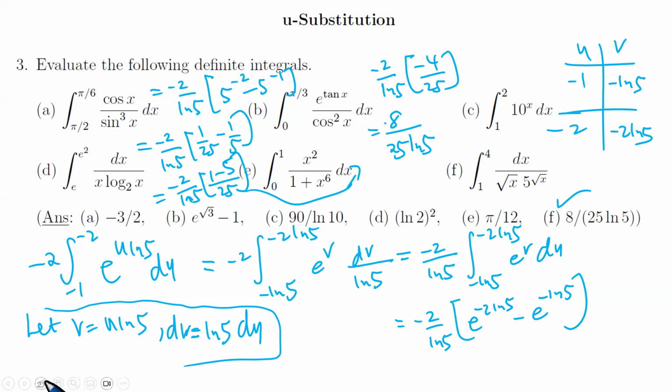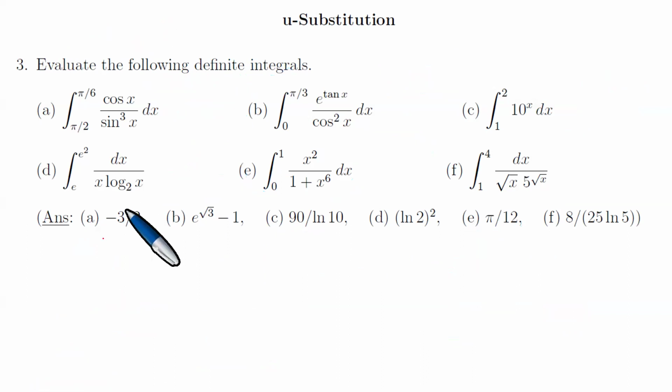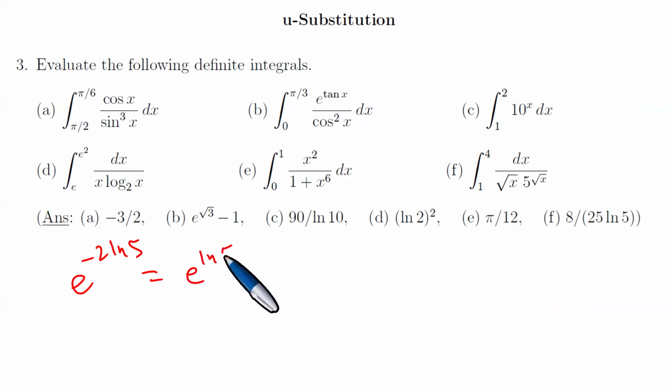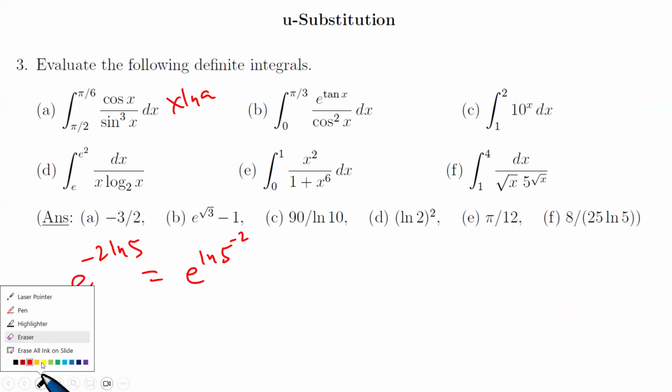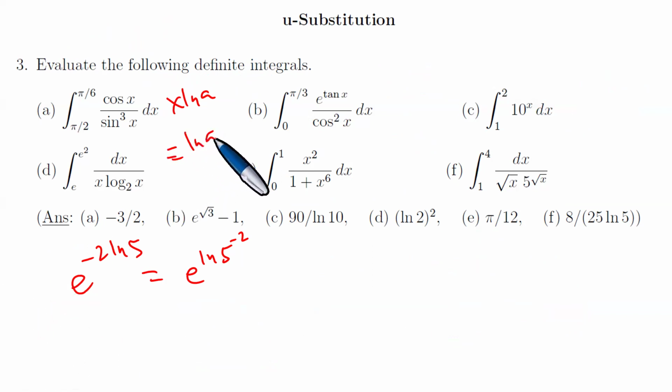That is because e to the power minus 2 ln 5 is e to the ln of 5 to the minus 2, using the property of logarithms: x ln a is the same as ln of a to the power x.